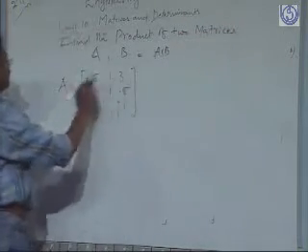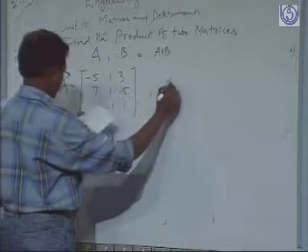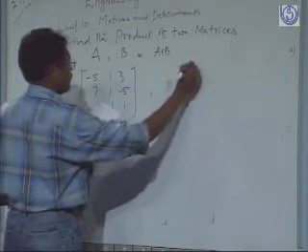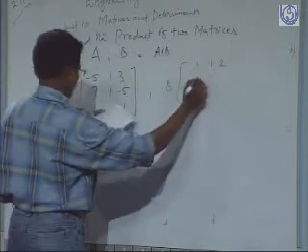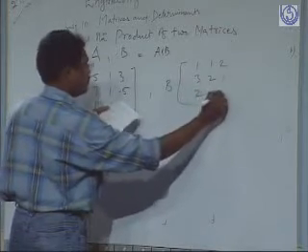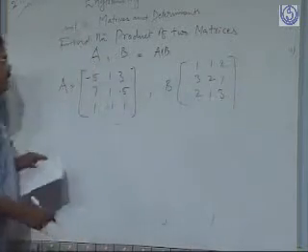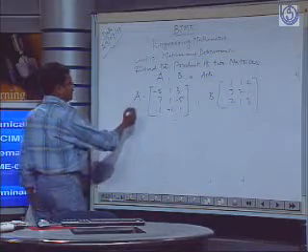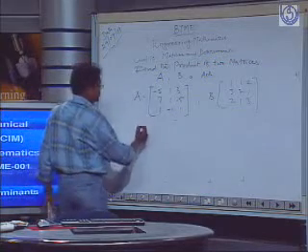So two matrices are given, this is A and B. B is 1 1 2, 3 2 1, 2 1 3. This is the second matrix. So we have to find the matrix that is A into B only.